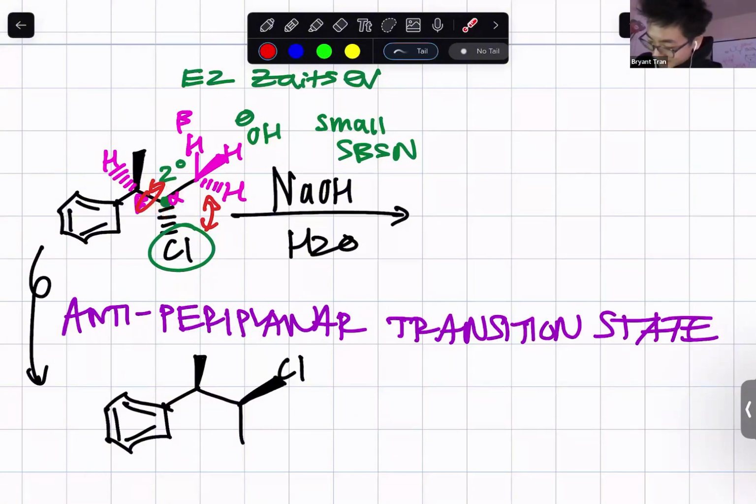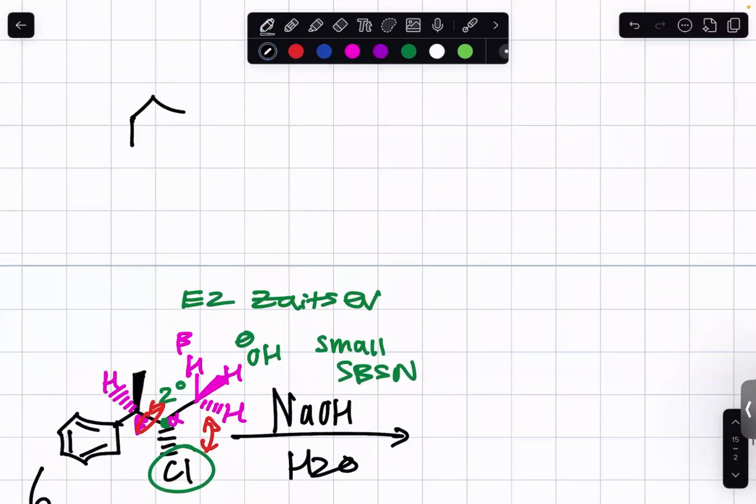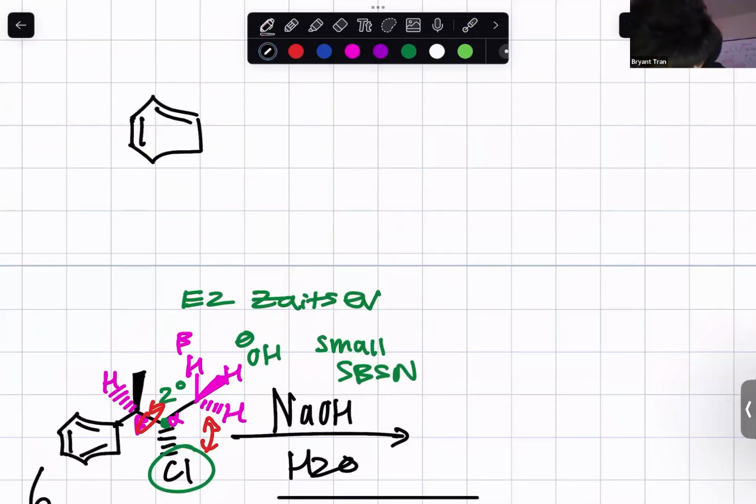How would you assign R and S for this chiral center here? Here, the one that is attached to this chlorine. Oh, well, like doing the priorities thing. Yes. Let me draw it out here so it's neater, so then not a lot of things are in the way.